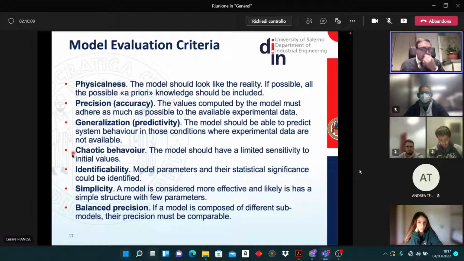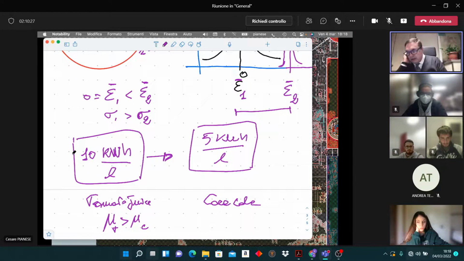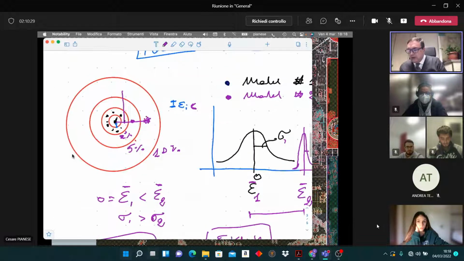Chaotic behavior is something related to the example we explained before, the one with darts.